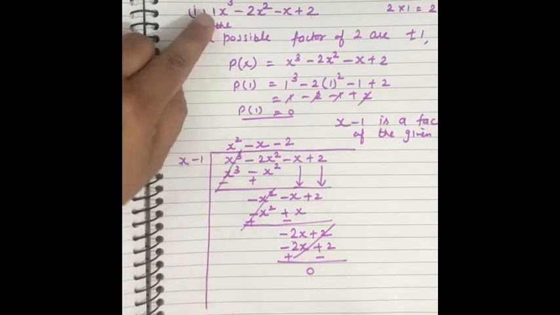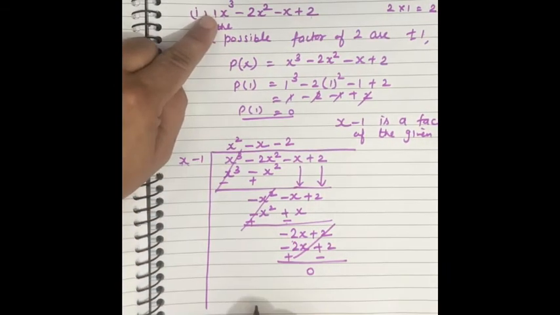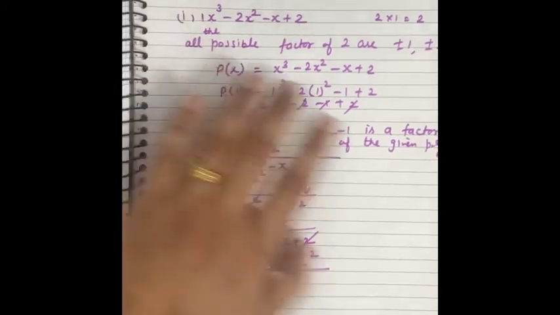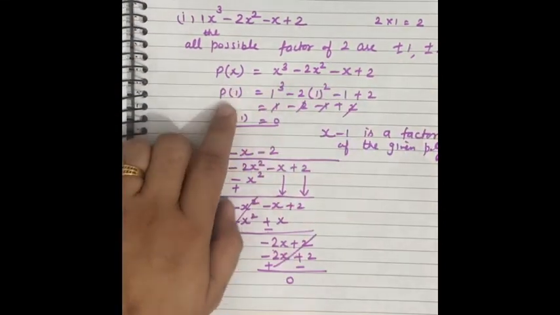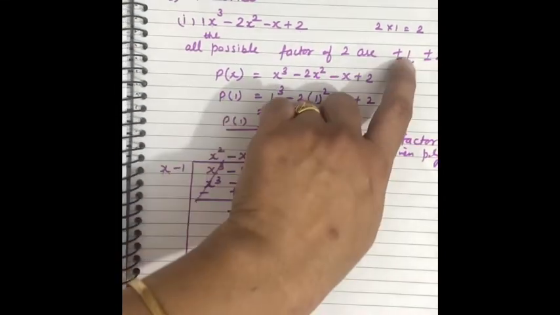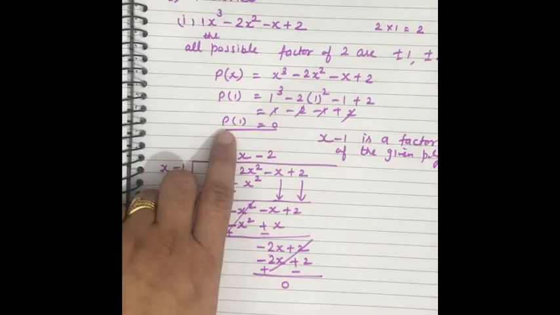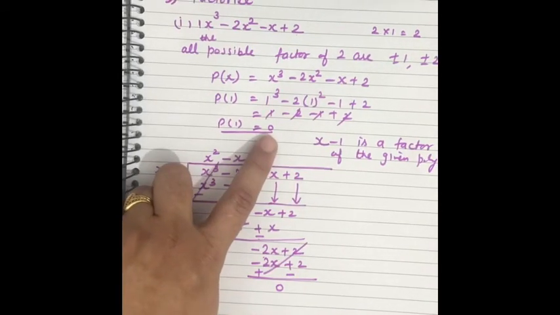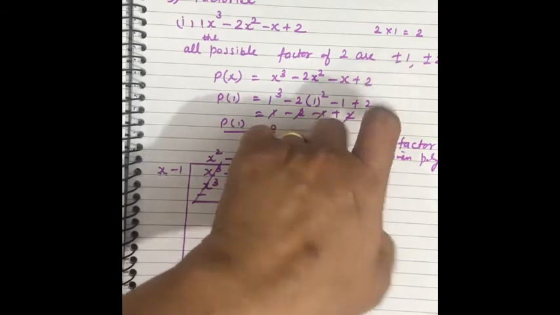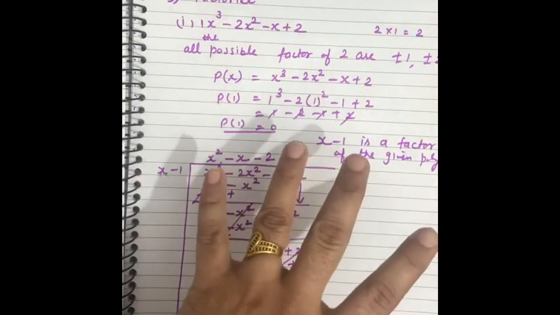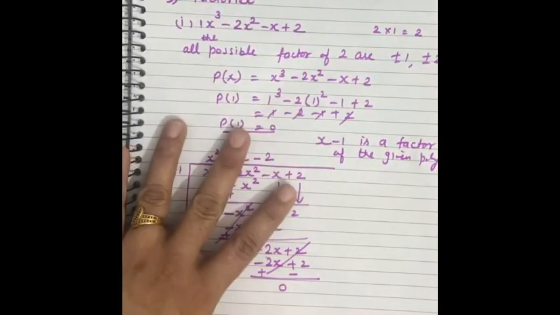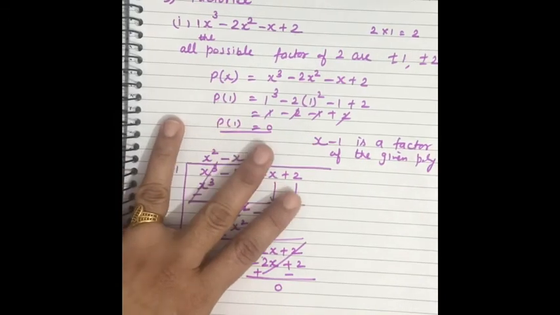So we can write down this polynomial by hit and trial method. This is called the hit and trial method. Here I have substituted 1. When I substituted 1, it came as 0. Suppose when I substitute -1 and it is not coming as 0, then we'll move to the next factor. By chance it was coming as 0.